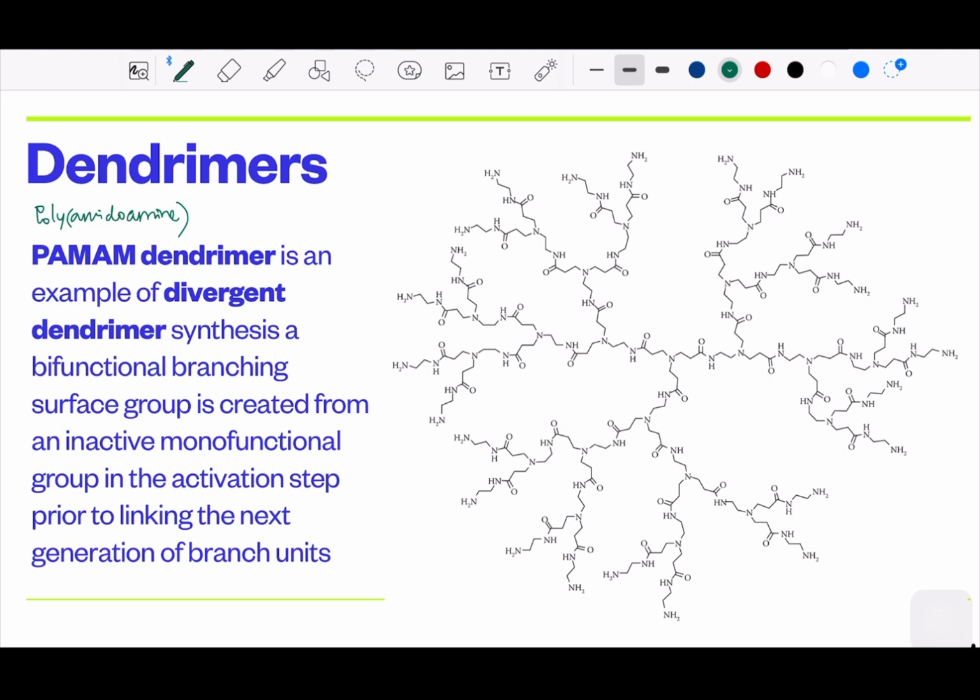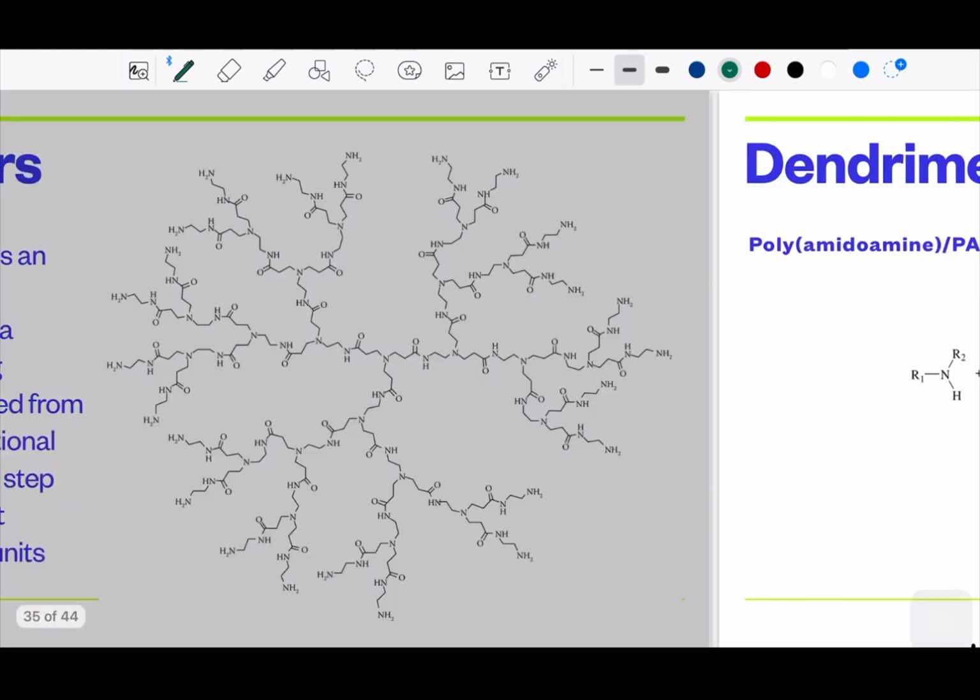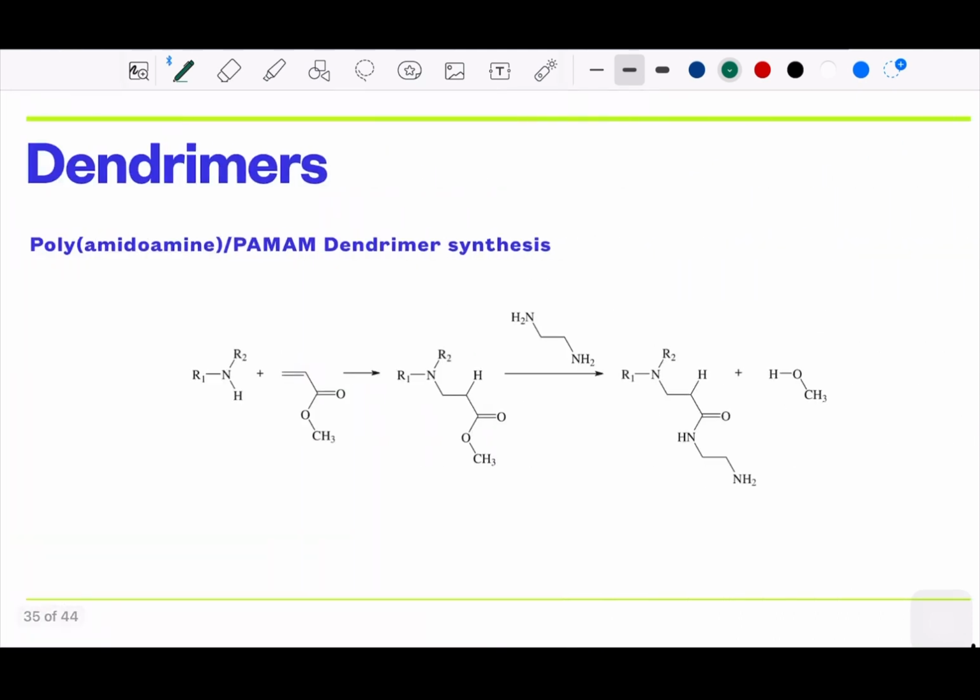Divergent means it's going to spread out. If you remember, divergent in calculus means infinity, right? It branches out really far. So this is one example of how to synthesize, but I don't have time to tell you this.